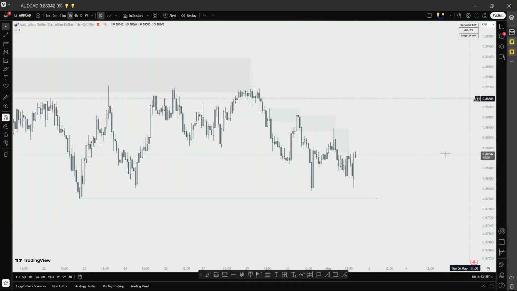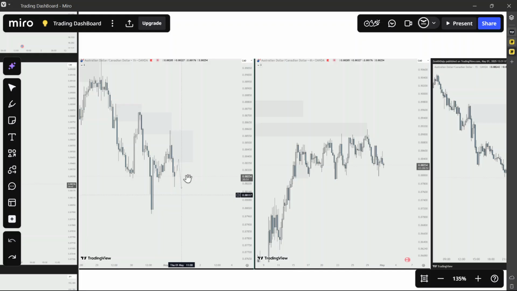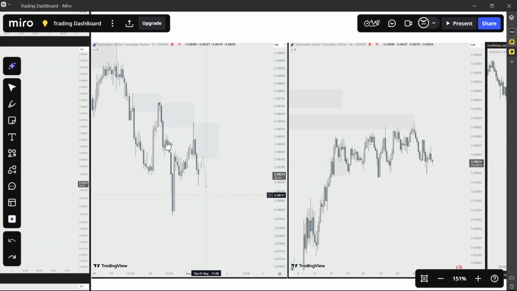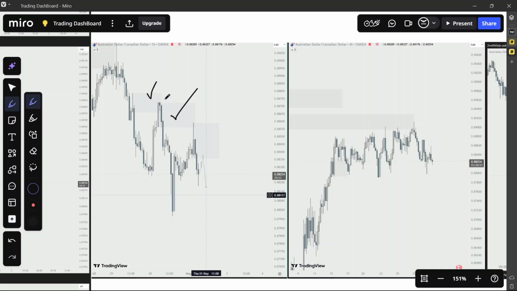First, let me show you the pre-markup on 1H so that you can relate to it more. So this was the 1H pre-markup. If you see carefully, this supply was being respected, and a very nice supply chain was being formed. Coming into the chart, I saw that price was trying to have a pullback into this POI.